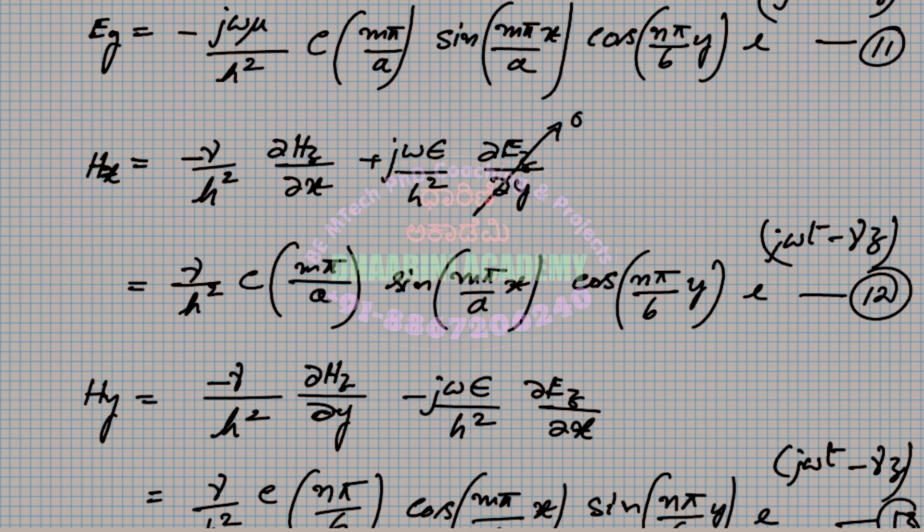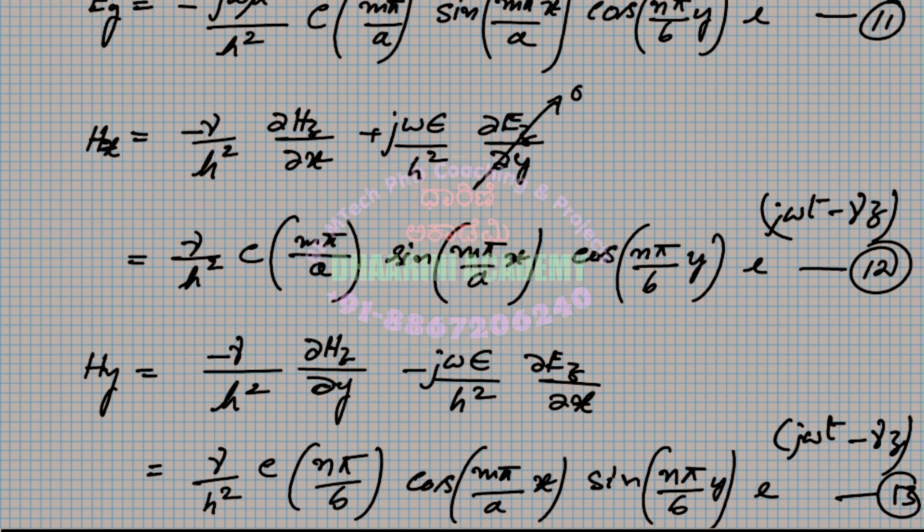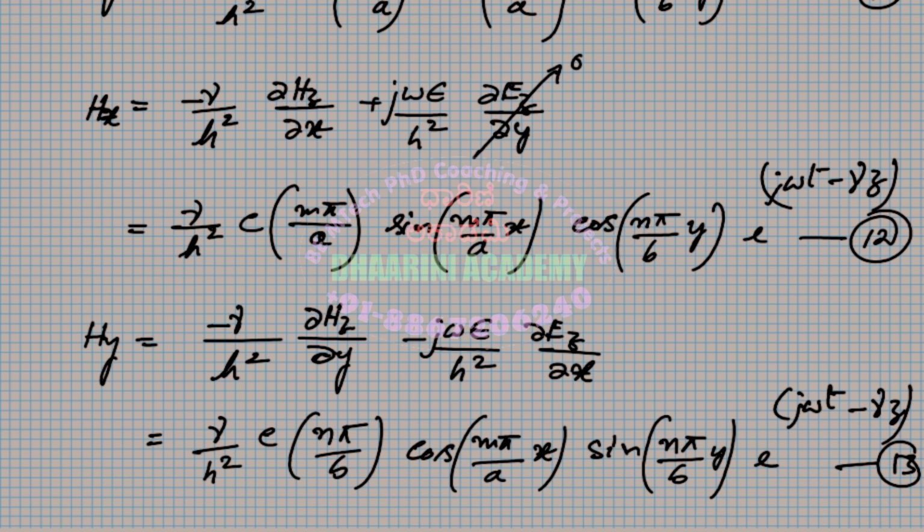I'll show you the other equations also, because we need all the 6 equations to make a decision. So let's start from the last. Here, n equal to 0 means the equation vanishes. Hy becomes 0. So Hy will not be there when n is 0.